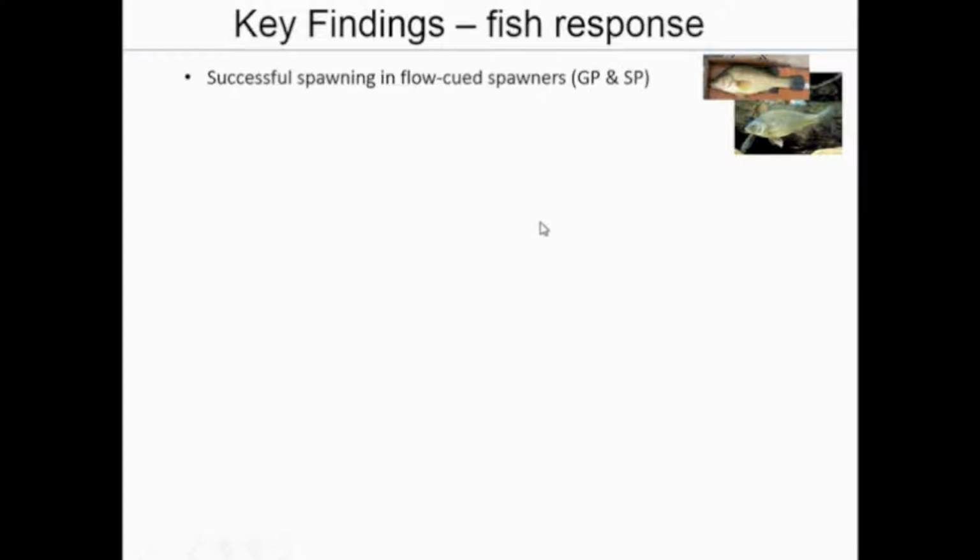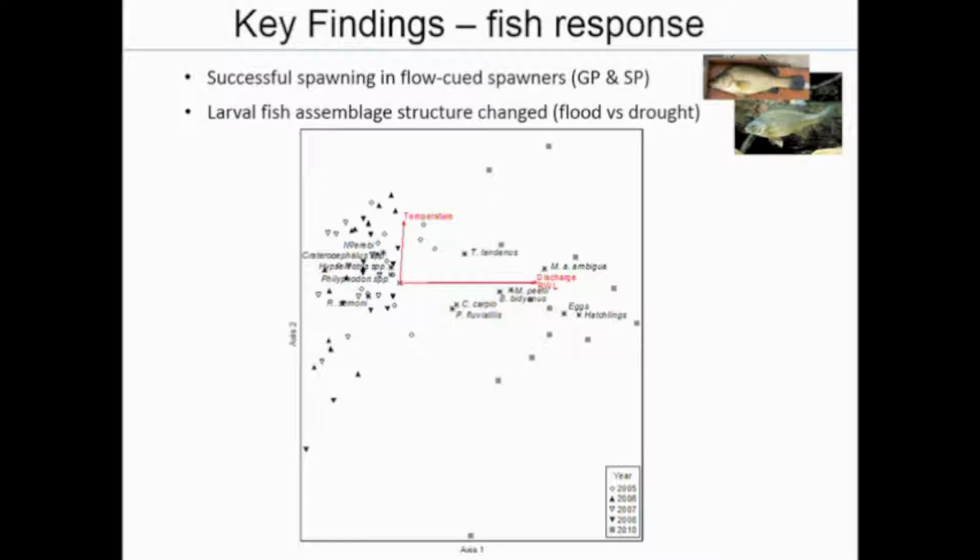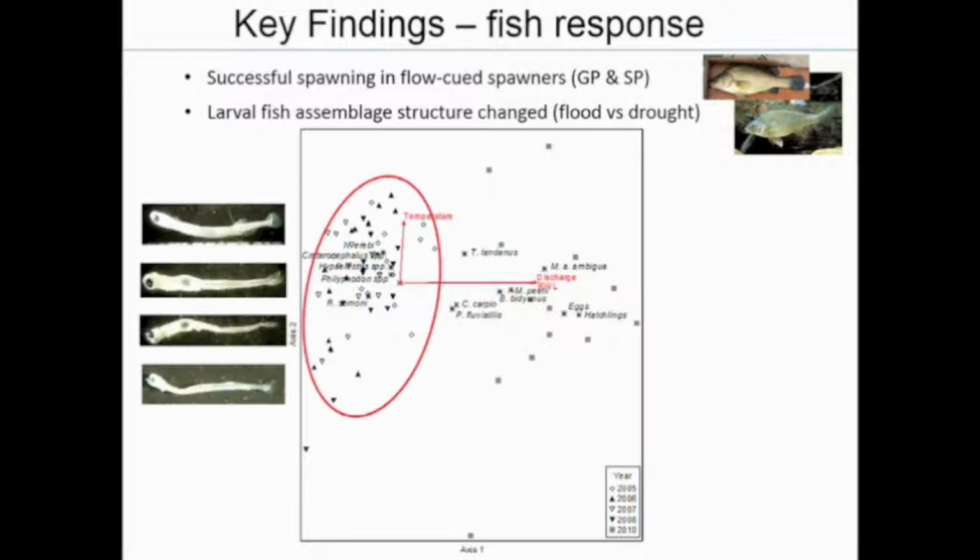Regarding fish, we found increased spawning in golden perch and silver perch, which are two flow cue spawners. We haven't seen any spawning over the drought period, because we couldn't catch any larvae in the Lower River Murray. Through the larval fish assemblage assessment, we found a larval assemblage change.